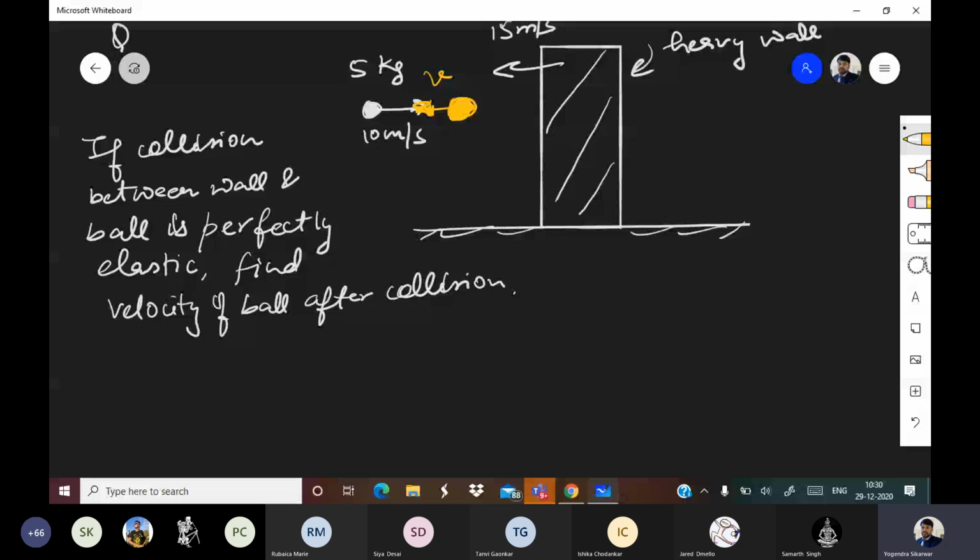Will there be any change in speed of road roller if you collide with that? No, there won't be any change unless you are Rajinikanth. Okay, there won't be any change in speed of road roller, right? Now comes the next question. If this ball is colliding with the wall, which is a heavy wall, will there be any change in speed of wall?